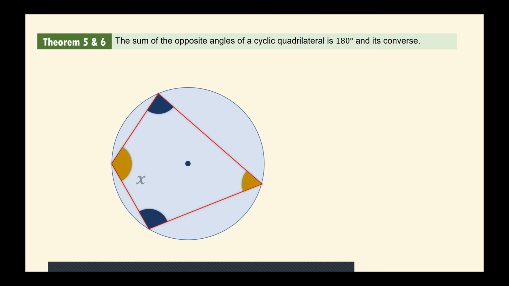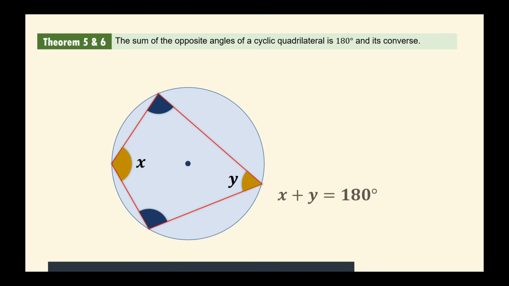This is because if an arc subtends an angle x at the circumference, then it subtends an angle of 2x at the center. The same arc subtends angle y on the opposite side of the circumference, then the angle at the center will be 2y. Together 2x and 2y form a complete circle, that is 360 degrees.